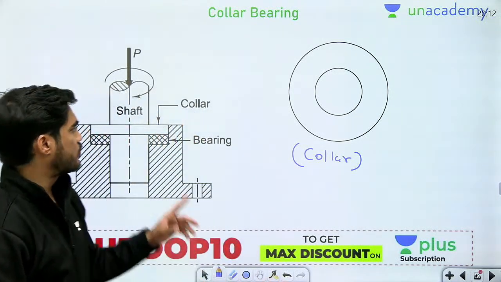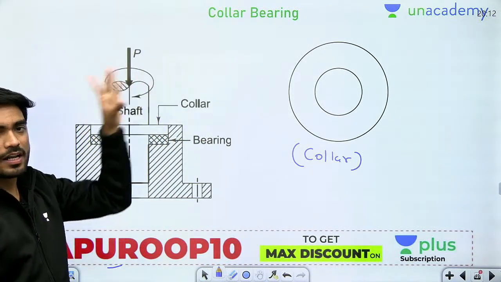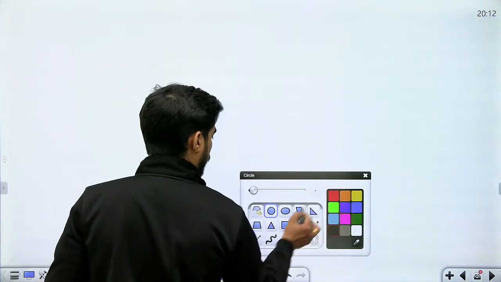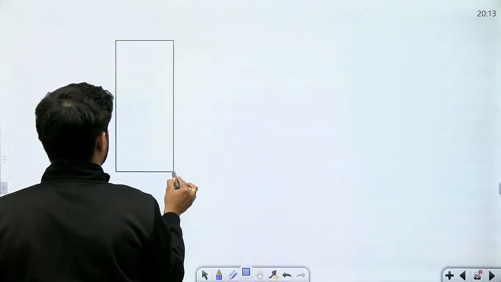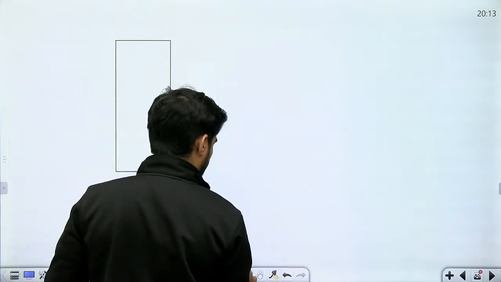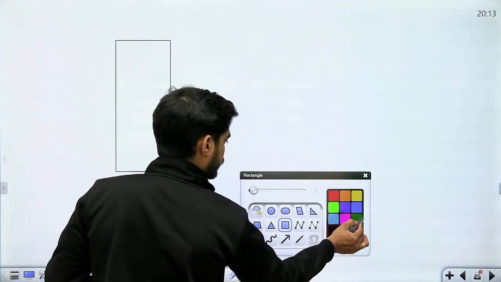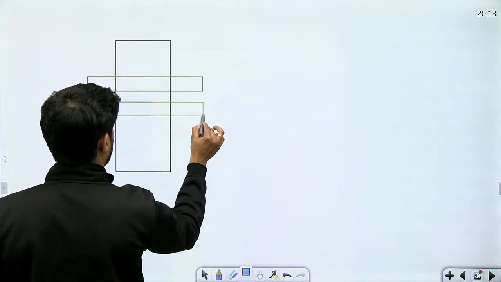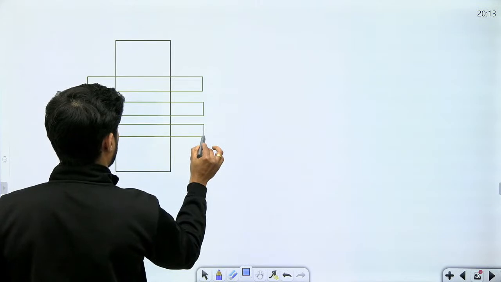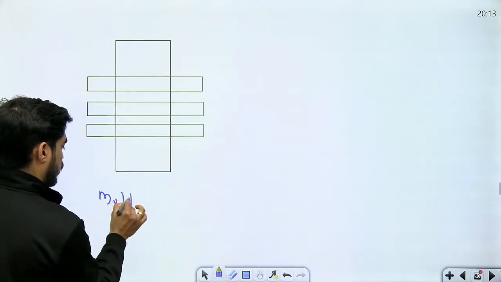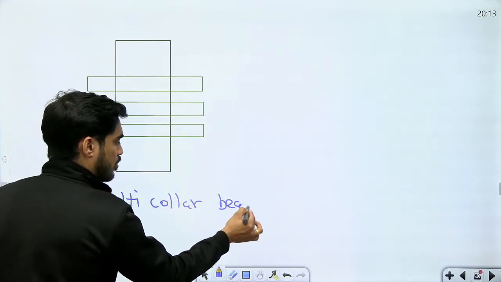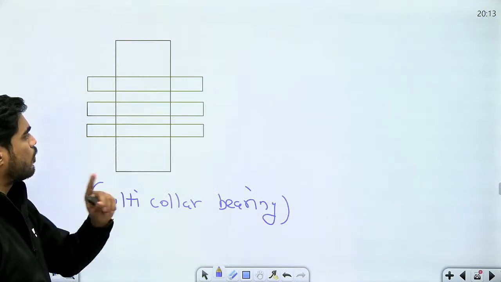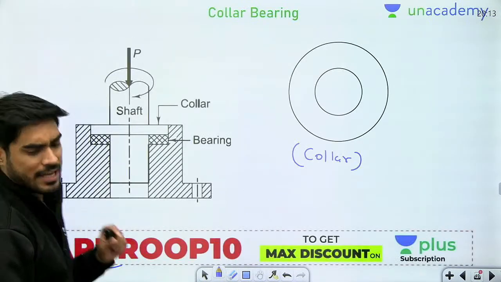Now if there is one single collar, then it is known as single collar bearing. And if there are multiple collars, if I provide multiple collars to the shaft, let's say this is the shaft, and I provide multiple collars to this, then this will be known as multi collar bearing. A single collar in contact is a single collar bearing, multiple collars in contact is a multi collar bearing. Why are we using multiple collars?